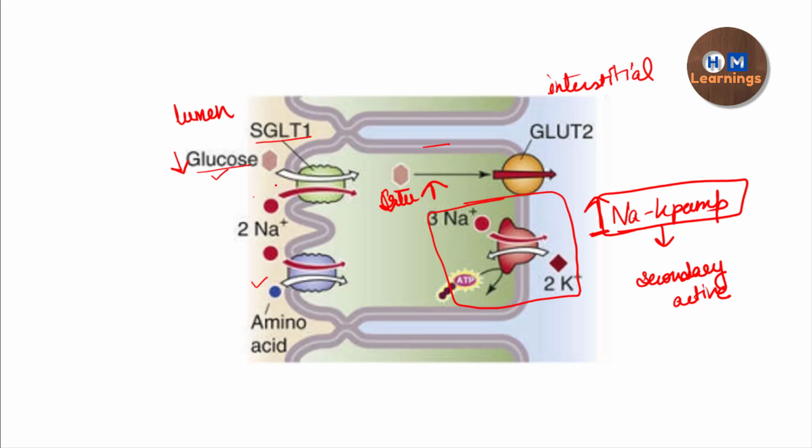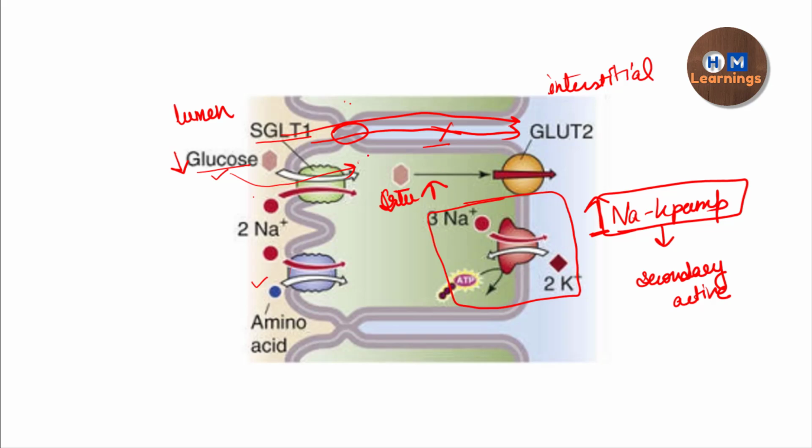So here, against the gradient, there will be secondary active transport of glucose from the lumen to the intestinal cell. Now there is the presence of tight junctions between the cells, and this ensures that glucose will transport only via this pathway across this membrane, not via this pathway, through this paracellular transport.